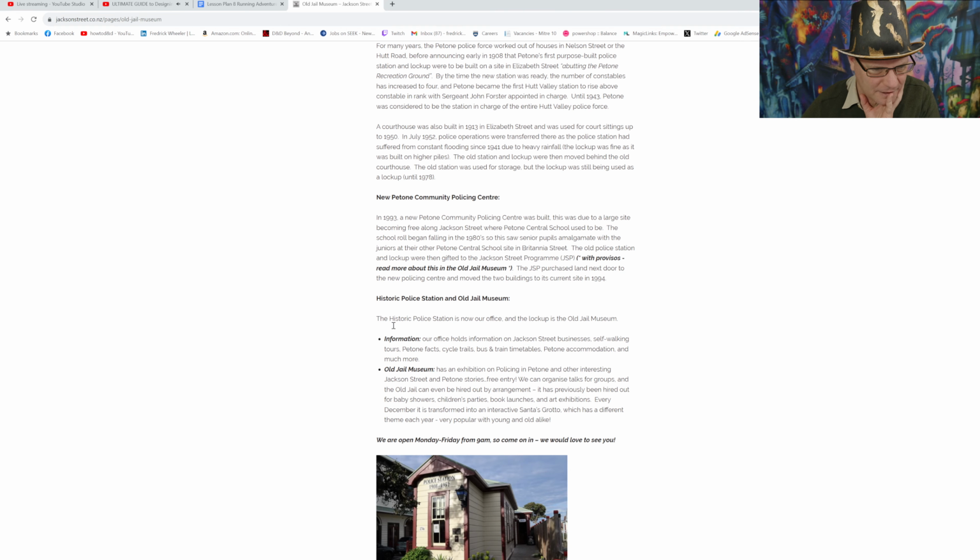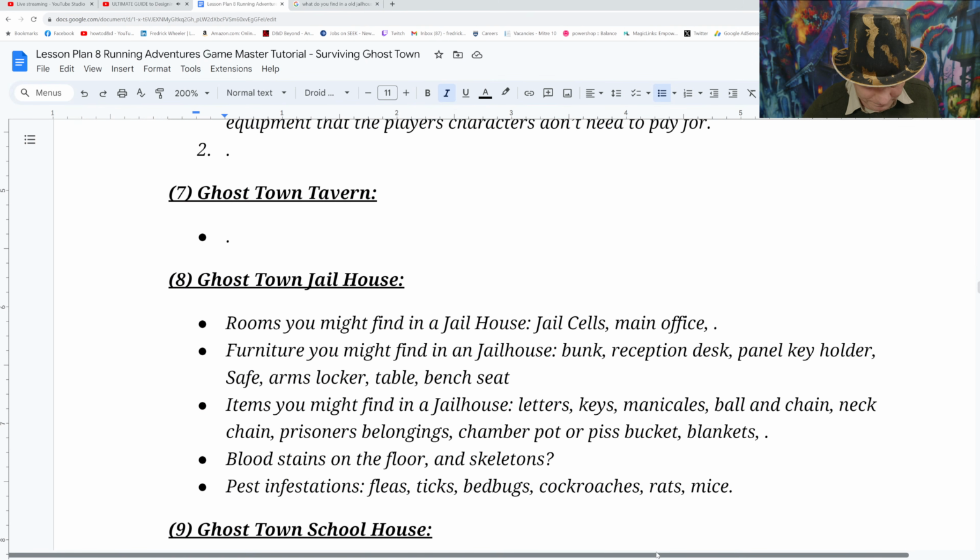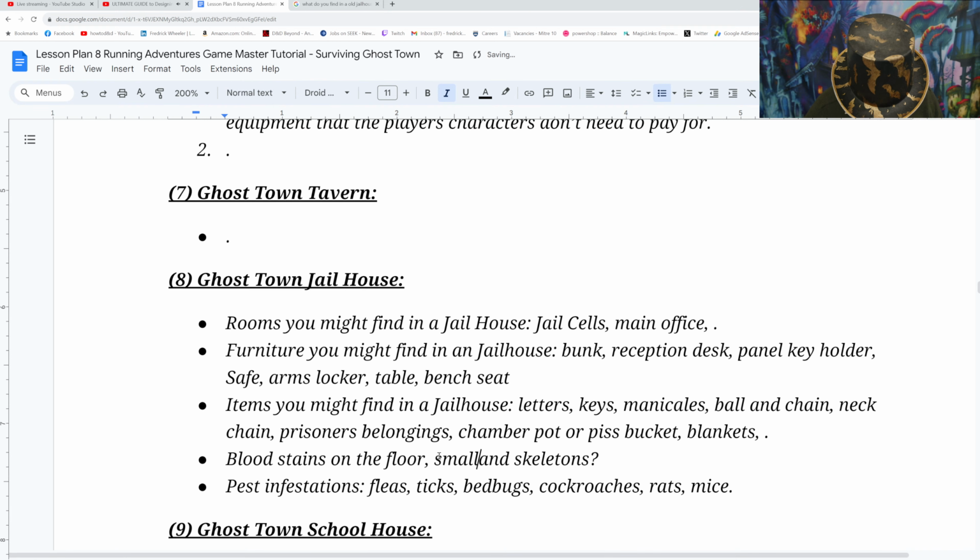Oh, this is just tourist location stuff. Possibly small holes. Yes. Small holes in the wall. Okay, all right. Let's move on to our next one.